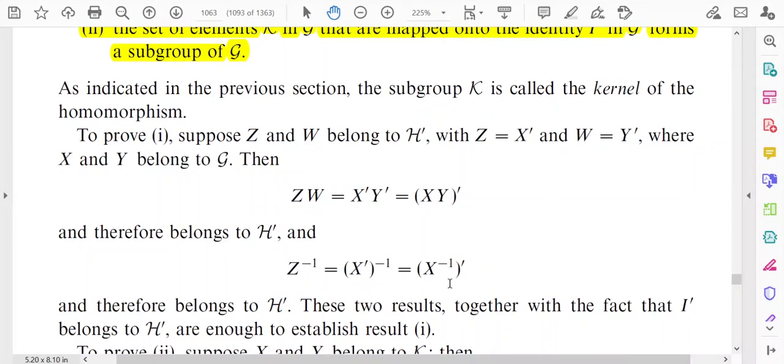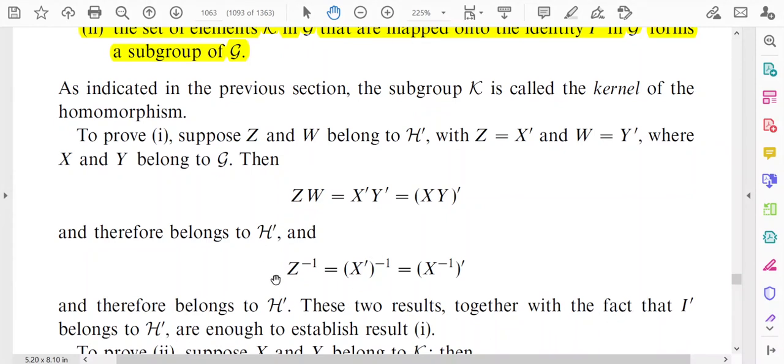This identity was also proved earlier, but the point is that Z inverse is equal to the image of X inverse, so it also belongs to the group H prime. So the product of two elements belongs to H prime, the inverse of a particular element also belongs to H prime, and there is an identity element I prime which belongs to H prime.